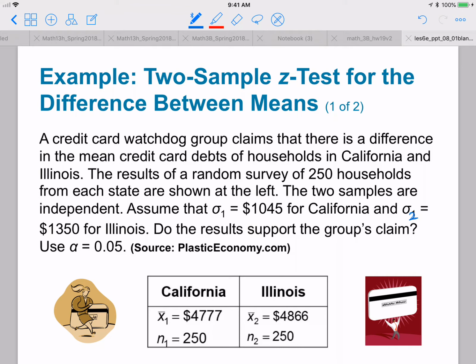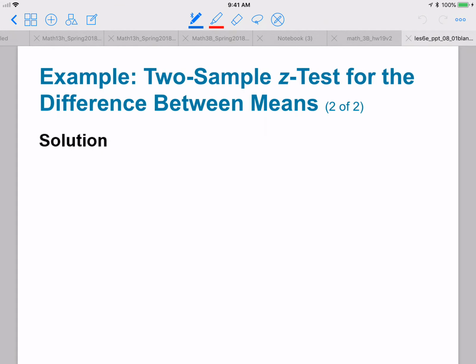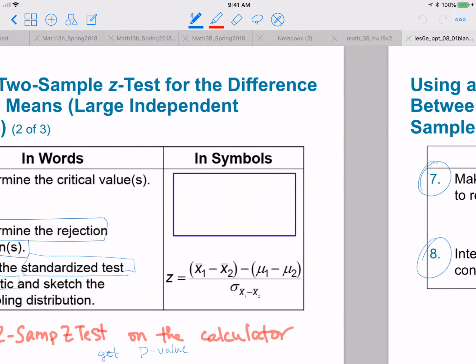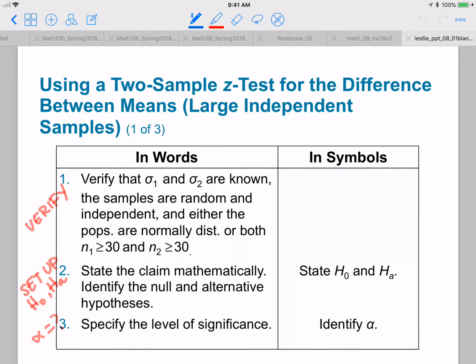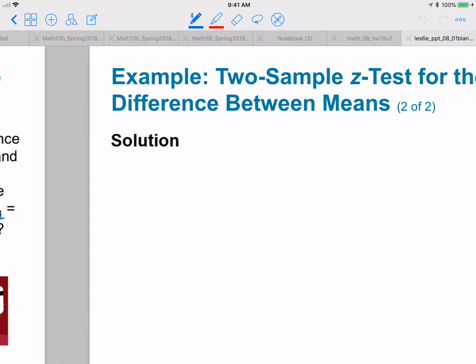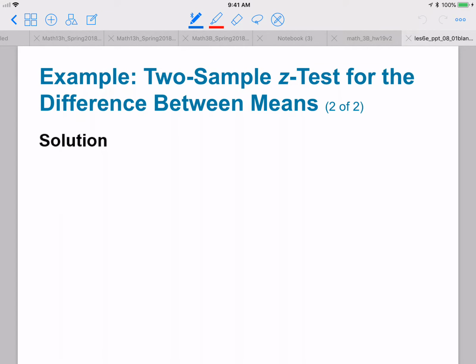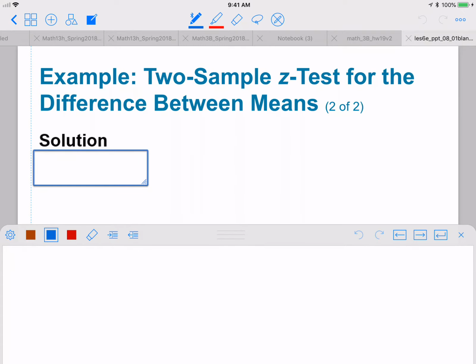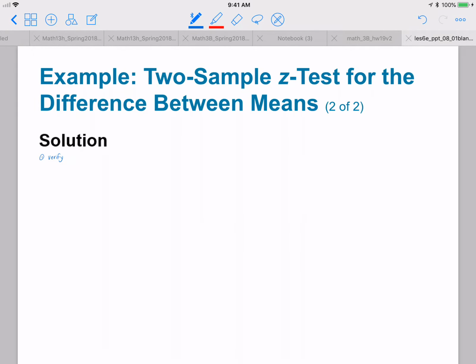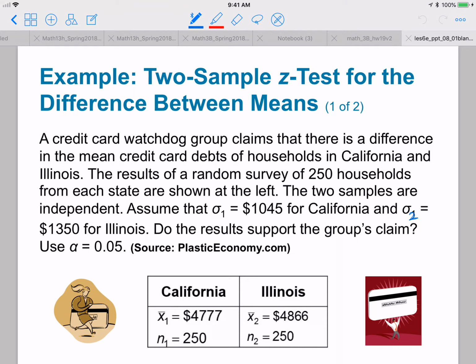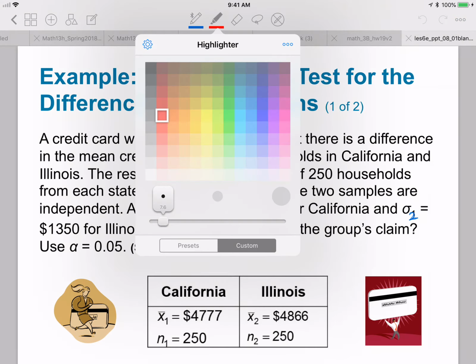Okay. So let's get started here. The first thing we want to do is verify that we actually can perform our 2 sample hypothesis test. And we've got 4 things that we need to verify. The first is that sigma 1 and sigma 2 are known. I'm just going to use the highlighter here.